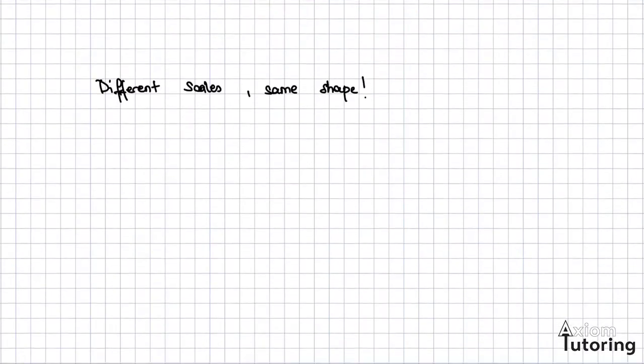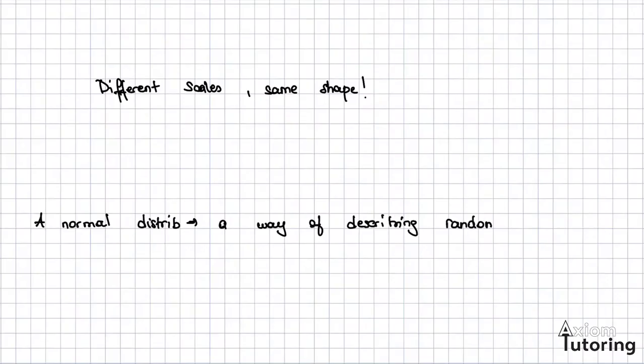A normal distribution is a way of describing randomness. Okay? And that sort of randomness has very particular characteristics.